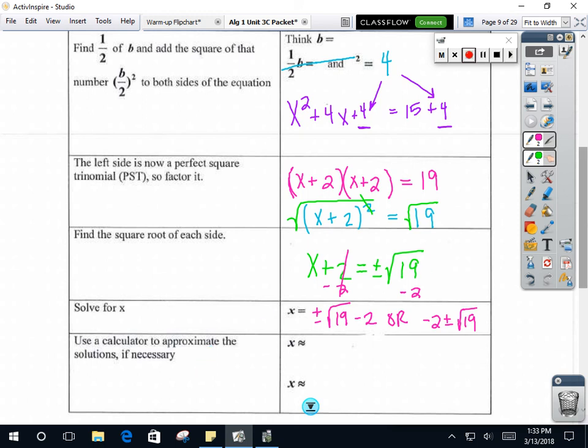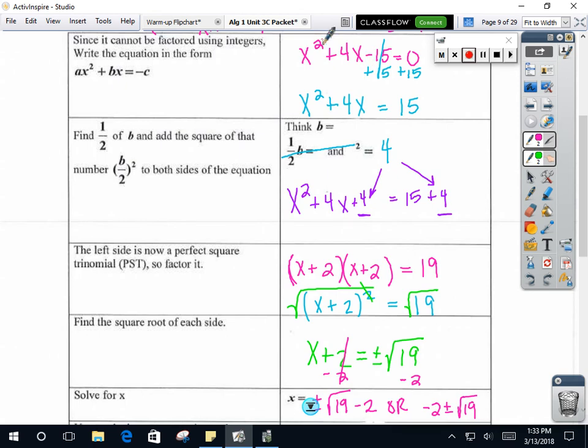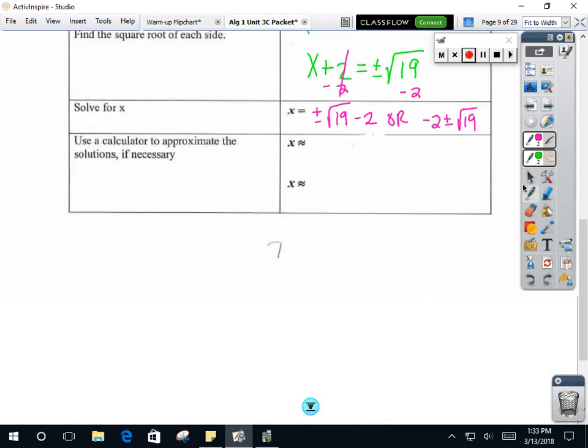Okay, now to find your two answers, and we know there should be 2 because we're dealing with a quadratic equation, the highest exponent is 2, you type in the square root of 19 minus 2. So go ahead and type that in, square root of 19 minus 2, rounded to the tenths. And what do you get? 2.4, because isn't it like 2.35? So 2.4 if we're rounding to the tenths.